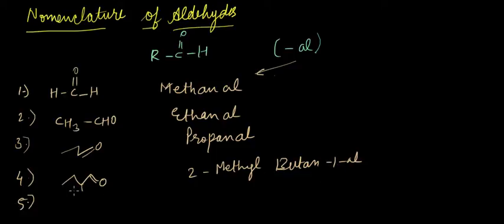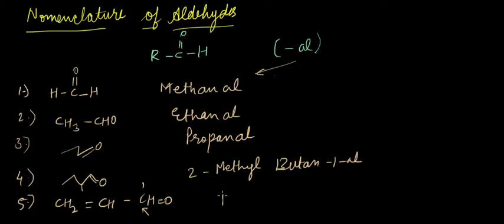So always remember that the previous rule, select the longest chain containing the functional group, also applies here as well. It means you will be selecting the maximum number of carbons possible in a chain which has the functional group. In the previous case it could be alcohol, in this case it would be aldehyde, right? It is but obvious, so I am not repeating that, just in case you missed it. CH2 double bond CH, CH double bond O. The preference would be given first to the aldehyde, then to the alkene group. So numbering would start from this carbon.